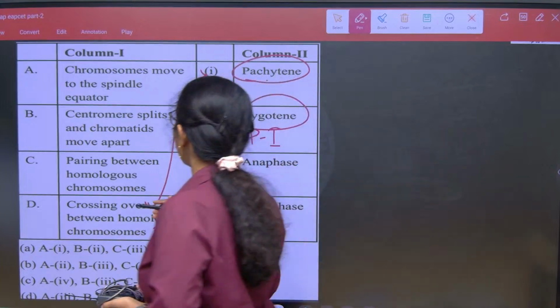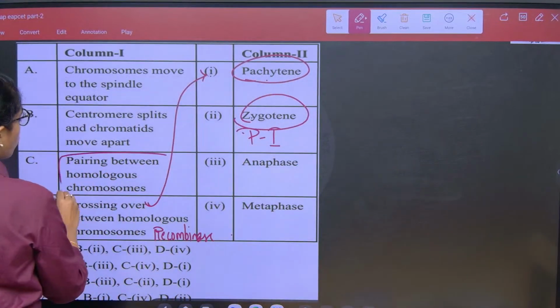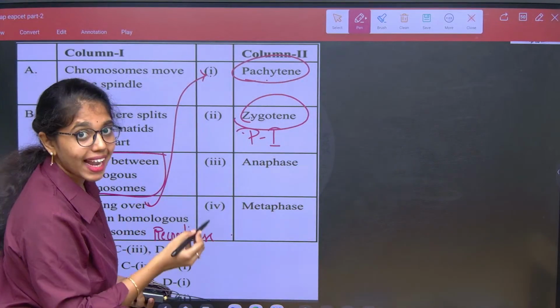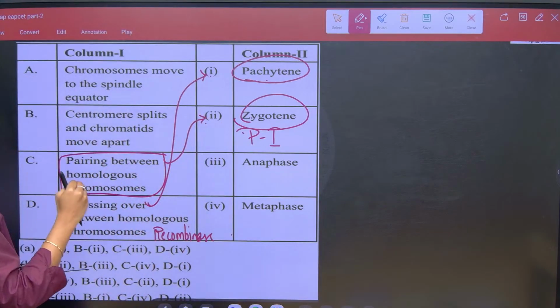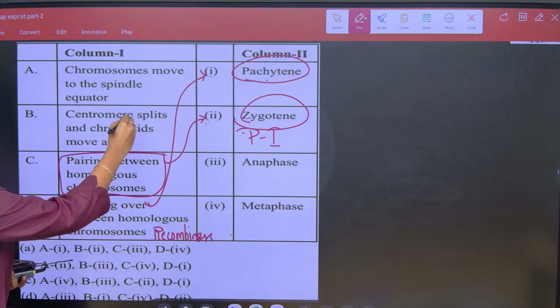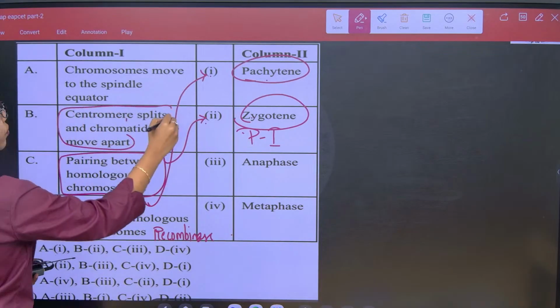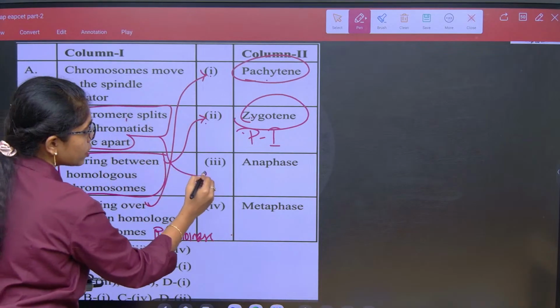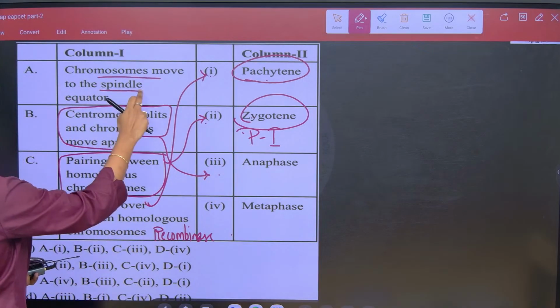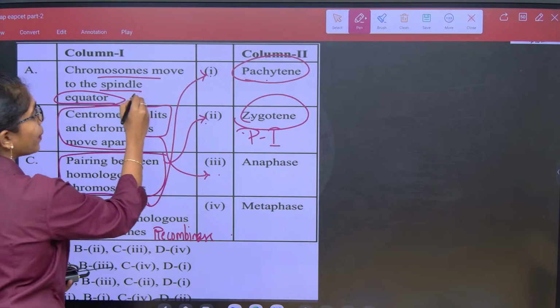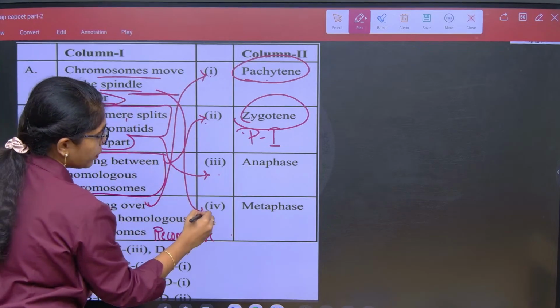So pairing of homologous chromosomes, that is formation of the synaptonemal complex, is related to option 2. Next, anaphase. Centromere splits and chromatids move apart. So this is option 3. Next, metaphase. Chromosomes move to the spindle equator forming an equatorial plate. This will be option 4.